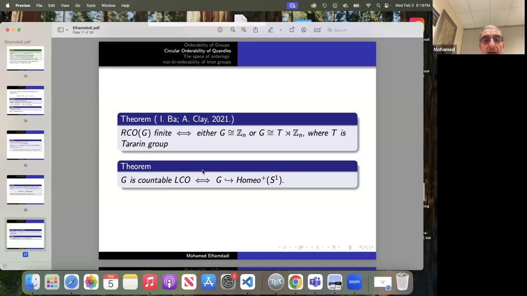Back in 2021, Idris Abba and Adam Clay proved the following theorem: the set of right circular orderings is finite if and only if the group is either the finite cyclic group Zn, or G is isomorphic to the semi-direct product of T by Zn, where T is a Tararin group. As I mentioned a few minutes ago, if G is countable and left circularly orderable, this is equivalent to G being embeddable into Homeo+ of the circle S1.